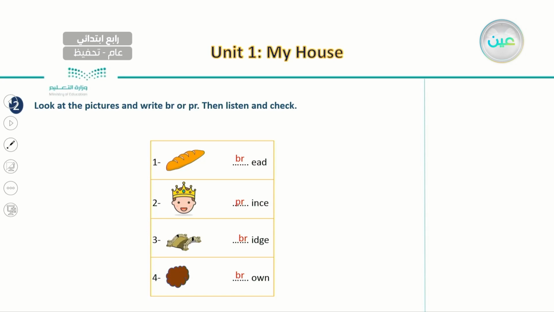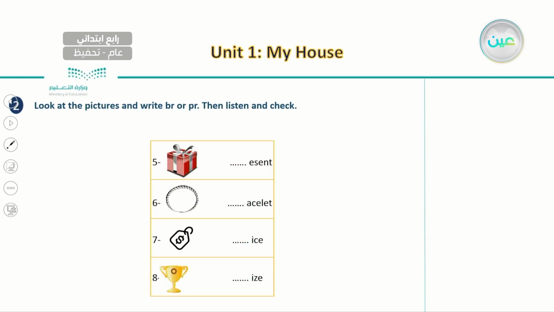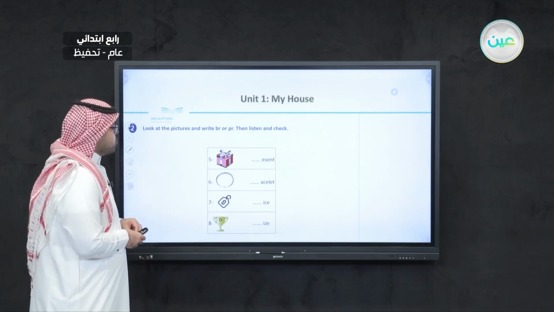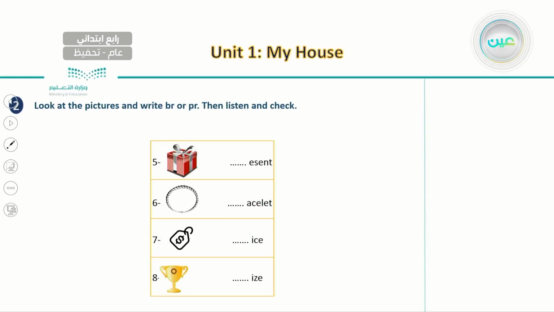Very good. Now, let us move on to number 5. We're going to listen to the word and decide what we should fill it in with. So number 5, the word is present, present. So present, we should fill it with PR. Like this, present.